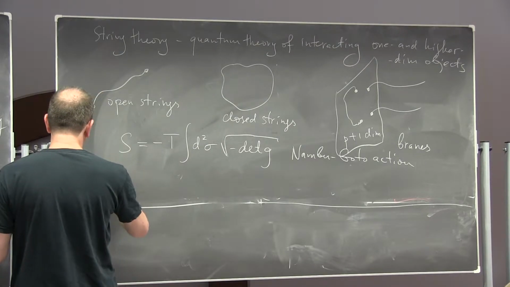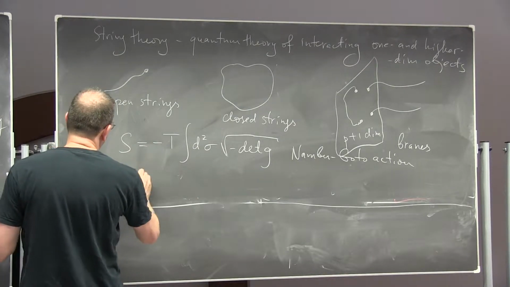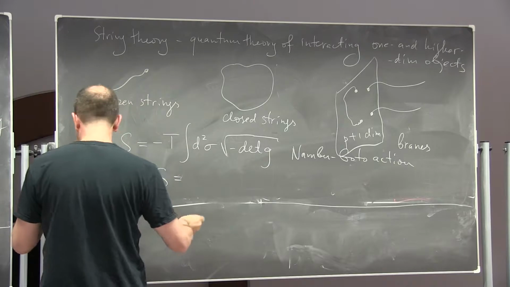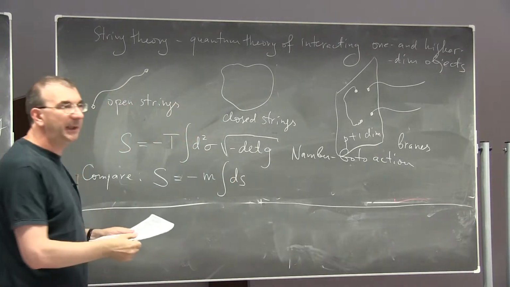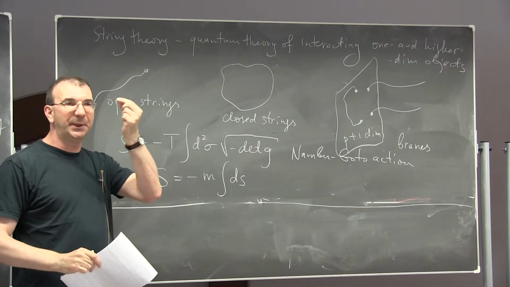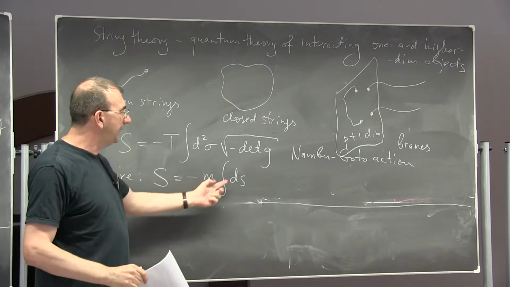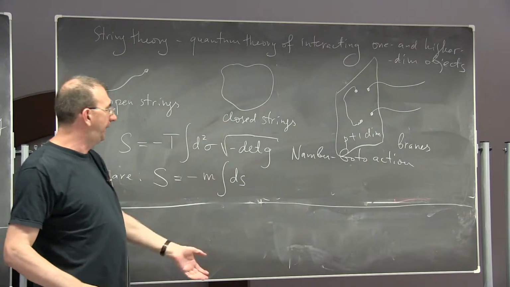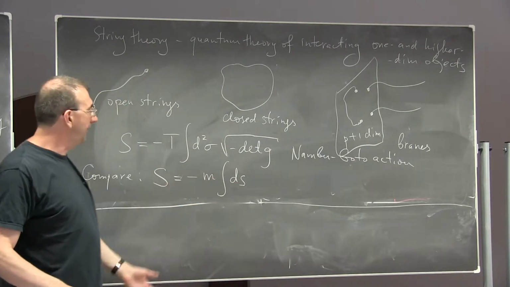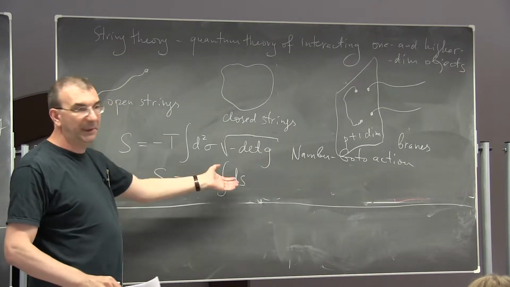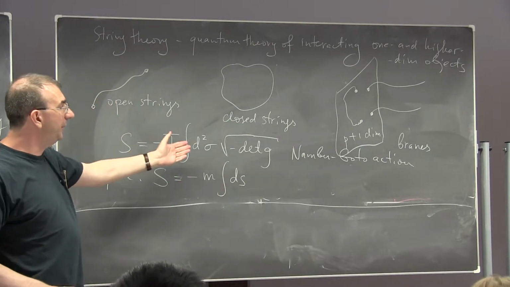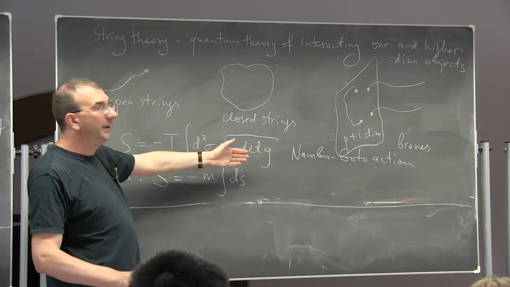So compare this with the action for an elementary particle of mass m, and you write down the same thing, except that an elementary particle is a zero-dimensional object, so you integrate over the world line, and this is the only invariant you can write down. You write down some coefficient, which happens to be the mass of the particle, to make the action dimensionless. Now, here is the same story, except that you have one dimension more.